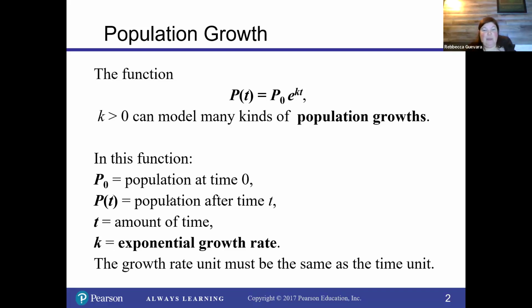P(t) is the population after time t. t itself is just time, and k is your exponential growth rate. So you want to make sure your growth rate is in the same unit as your time. And once again, because it is P sub 0, that is the initial population that you're going to start with.